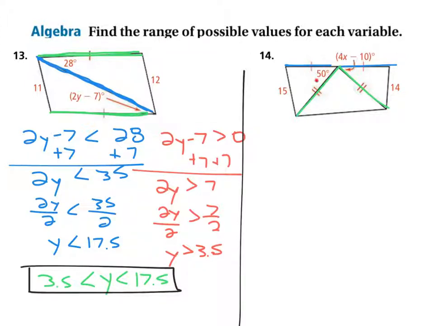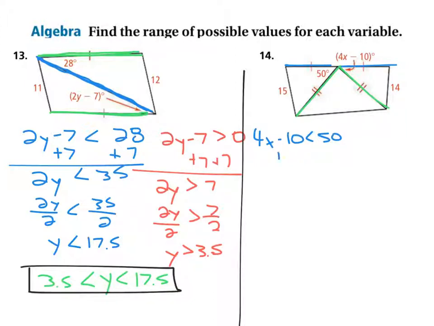So that means this angle 50 has to be bigger than this expression 4x minus 10. So we can write it as such. We can say 4x minus 10 is going to be less than 50 degrees because the opposite side is less than the side that's opposite of the 50 degrees.